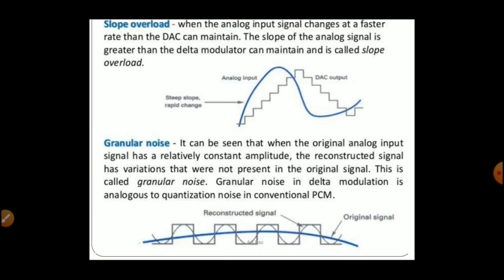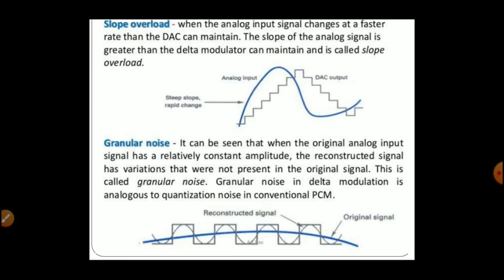When the analog input signal changes at a faster rate than the DAC can maintain, the slope of the analog signal is greater than the delta modulator can maintain. This is called slope overload.